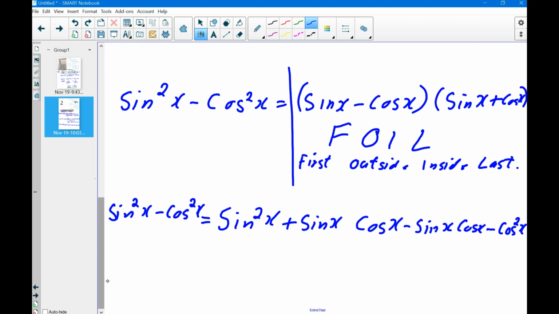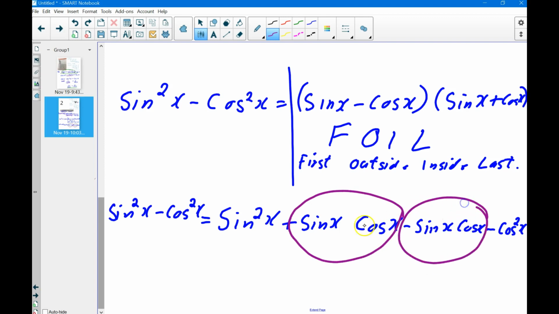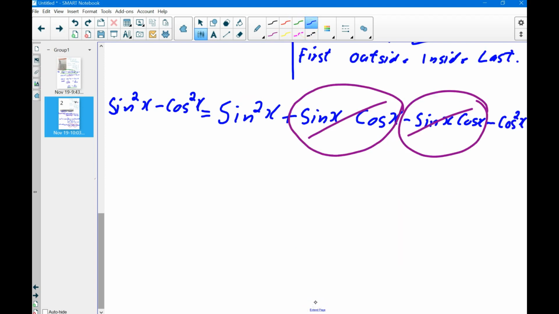Except you notice one thing here. I'm going to highlight this piece again, because you see that we have plus sine x cos x minus sine x cos x. They're going to go away once I subtract them. And what am I left with? On the left hand side I have sine squared x minus cosine squared x.